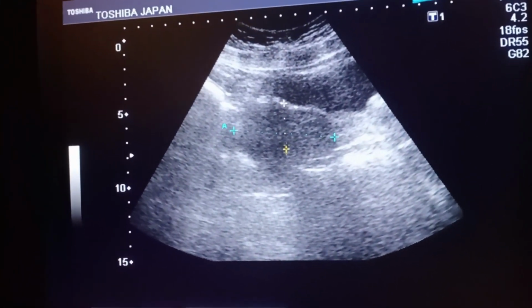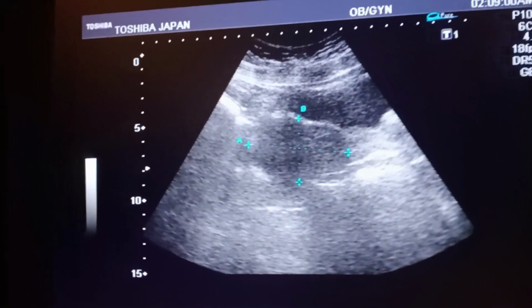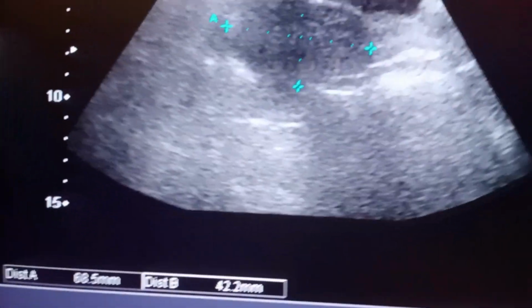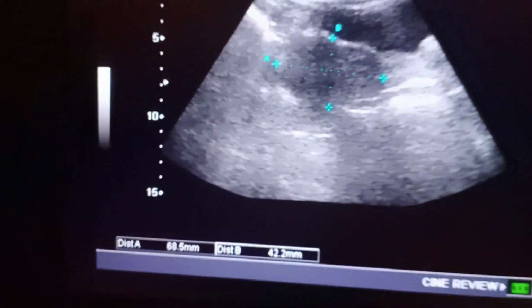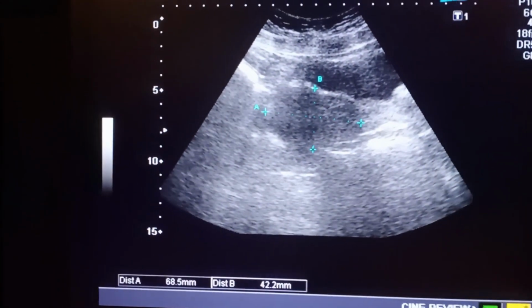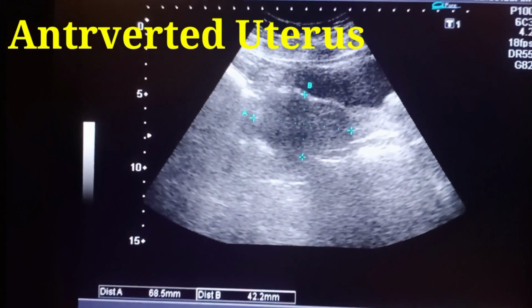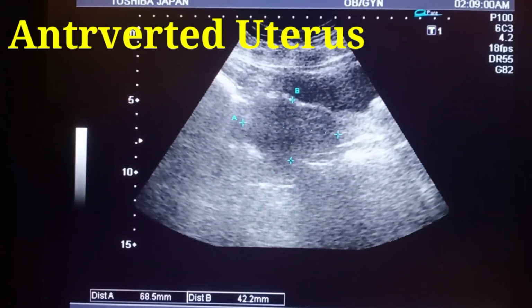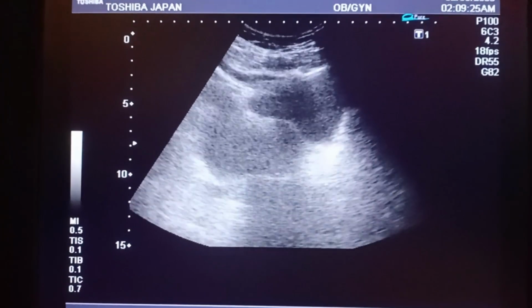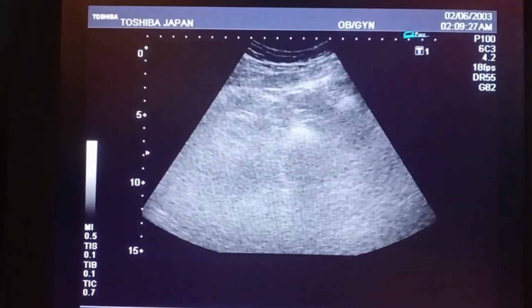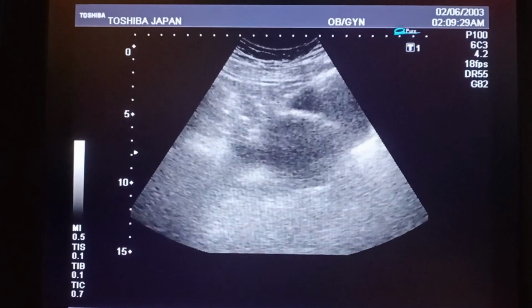and this is the measurement of the uterus in the craniocaudal and anteroposterior or transverse position, that is about 7 into 5 centimeters, or 7.5 into 4.7 centimeters. You can appreciate the bladder in front of the anterior wall of the uterus.